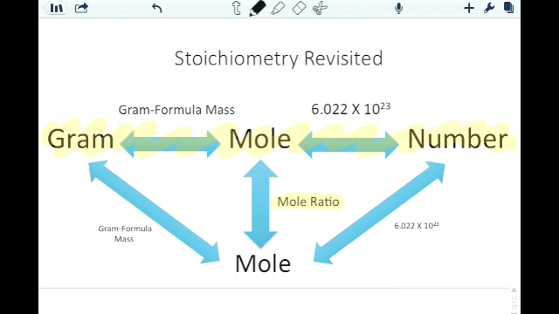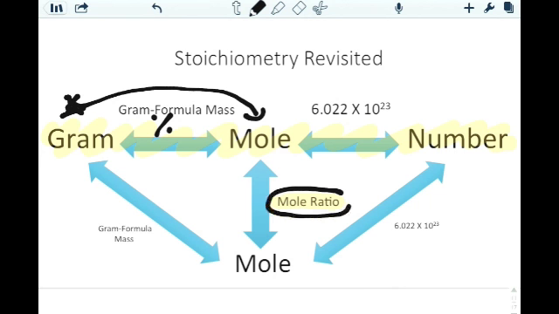So when looking at this, if we start with grams, so say we start right here, and we go from grams to moles, well, we're going to divide by our gram formula mass. Now, the thing that we have here, what's new is the mole ratio. What the mole ratio allows us to do is to convert between different substances in a chemical equation.